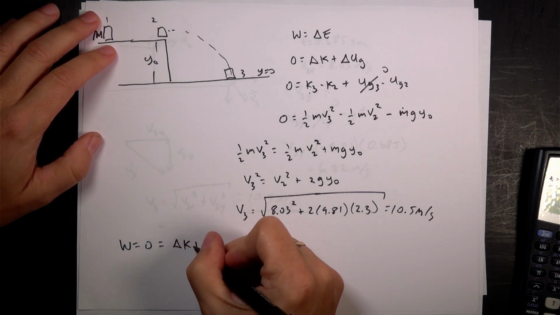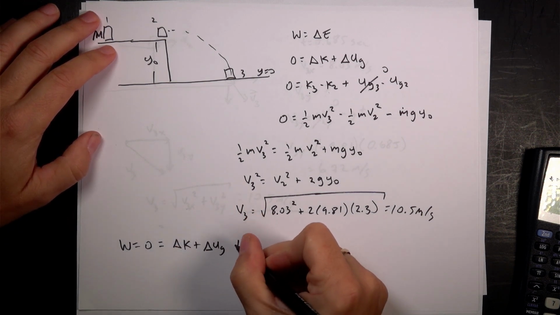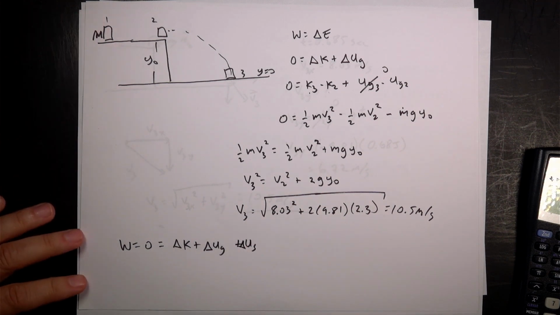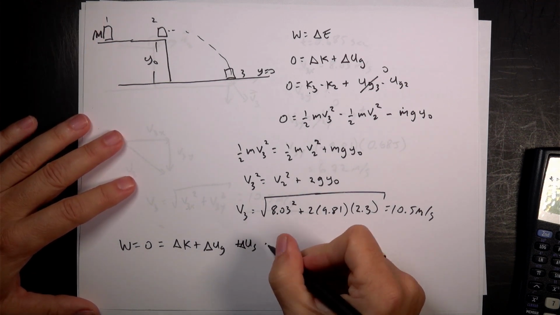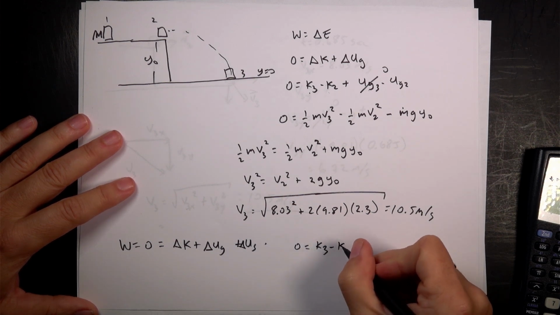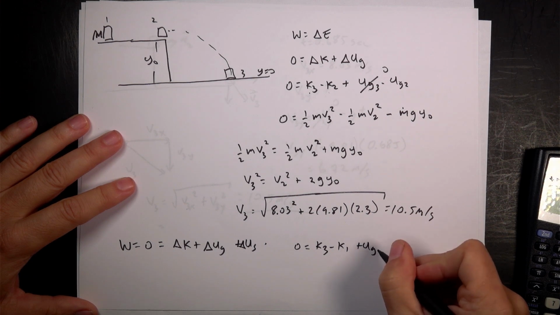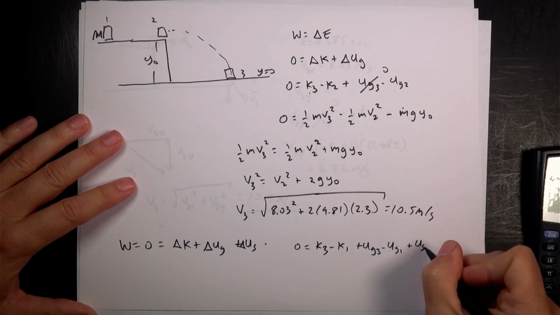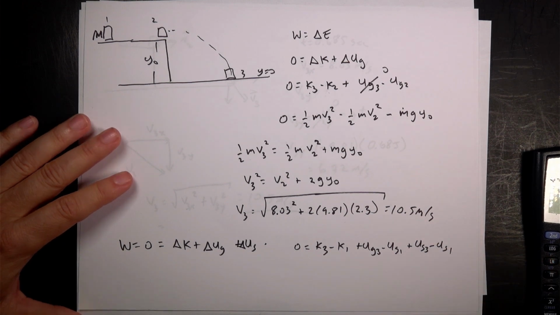Change in kinetic plus change in gravitational potential plus change in spring potential. That's the delta. So if I put everything in, I get 0 equals K3 minus K1 plus UG3 minus UG1 plus US3 minus US1.